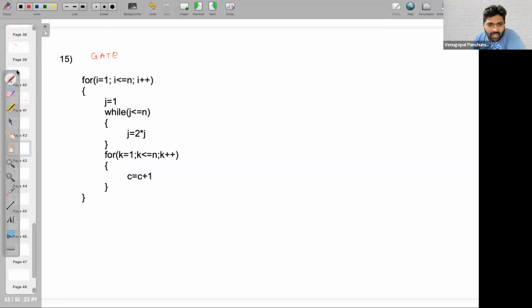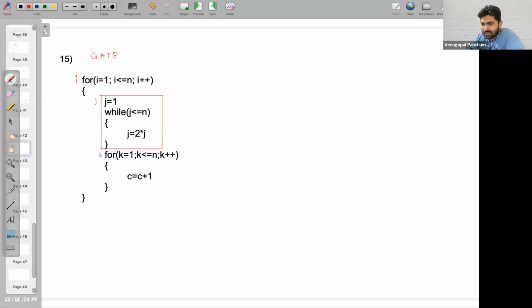Okay, let me explain. First of all, this is the I loop, and this part is only the J loop, and this part is the K loop. Tell me, is there any dependency here?